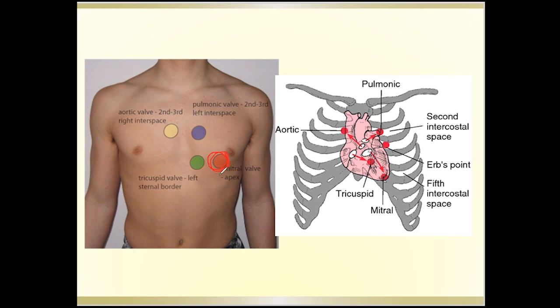Try to find your heartbeat in this area and put a scope there. Basically, everybody can hear the normal heart sounds. One is shorter, one is longer. Dong da, dong da, dong da. So that's the normal heart sounds.